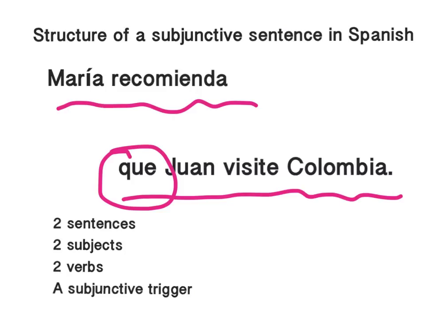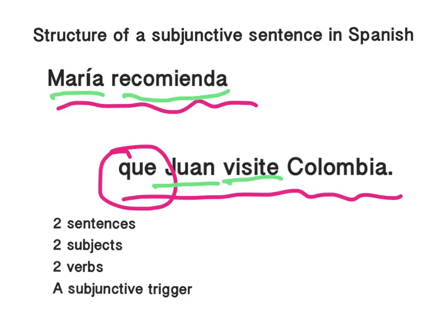Okay, so we need two sentences, we need two subjects, in this case María and Juan, and we need two verbs, recomienda and visite.